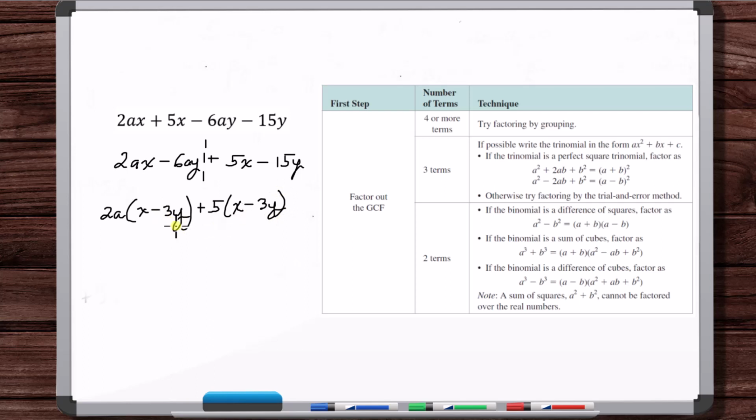These two are the same. So factoring by grouping worked. If these two weren't the same, we would go back and rearrange it and try again. Since these two are the same, we can factor out an x minus 3y. So we say x minus 3y, and what are we left with? 2a plus 5. Now we factored this.